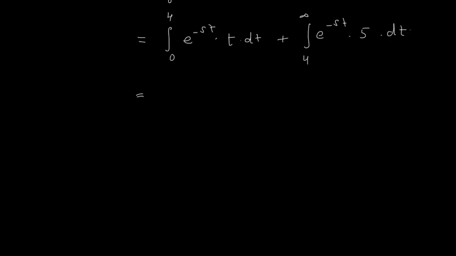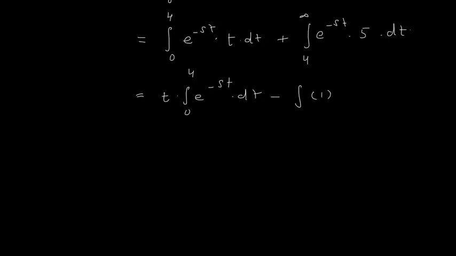So here, using integration by parts, I will say this is equal to t into integration of e raised to minus st dt, where the limit is 0 to 4, minus integration of the derivative of t, which is 1.